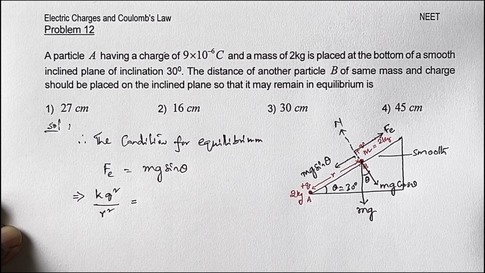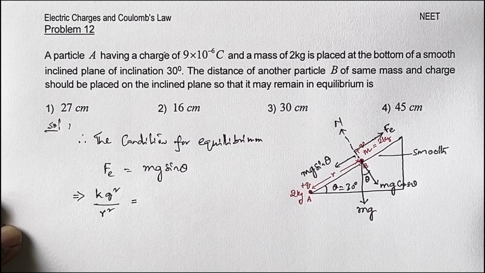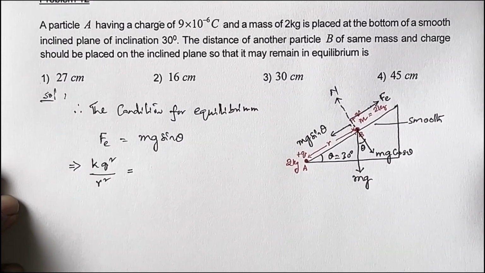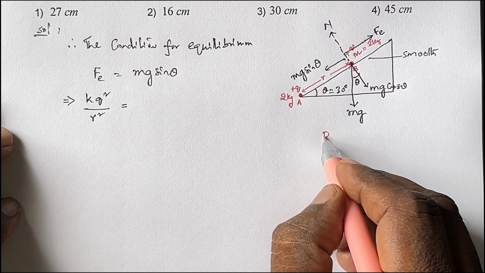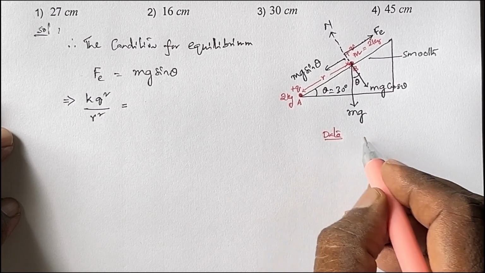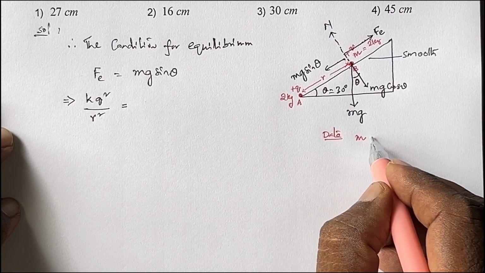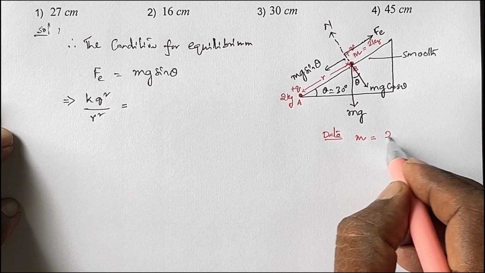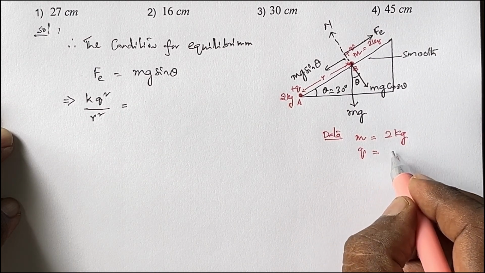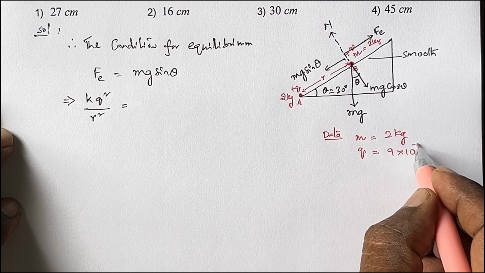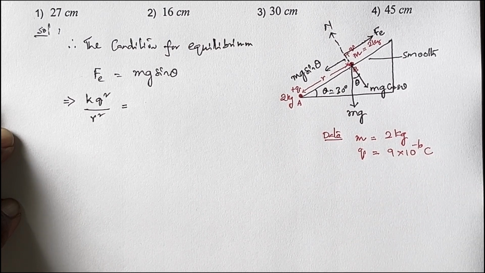Let us list out whatever data they have given in the problem. Mass of a particle is given as 2 kg. Charge on the particle is given as 9 into 10 to the power of minus 6 coulomb.